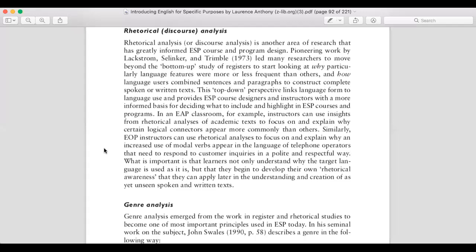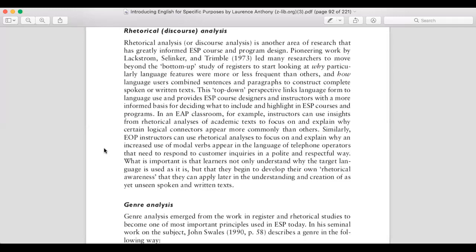So what you would do after your register analysis, or maybe through NCOG, you will make an ESP, or English for a specific purpose, syllabus by making use of more frequently occurring words, which might be the need of a particular group of people.